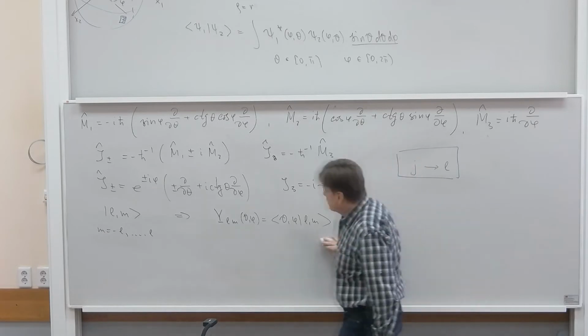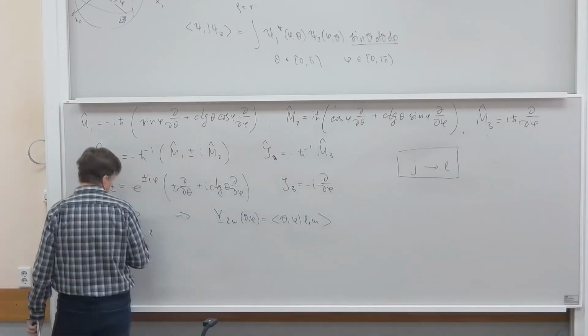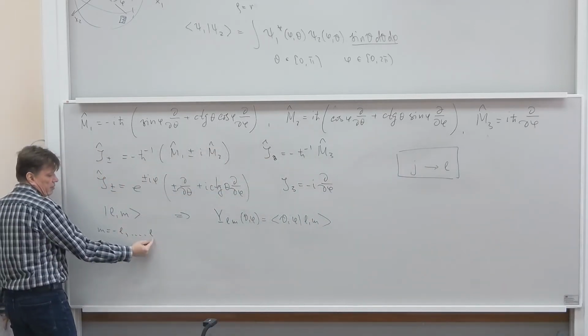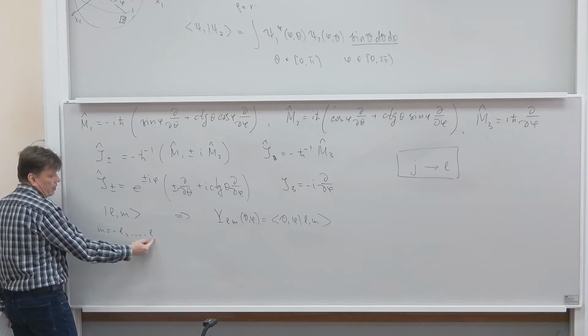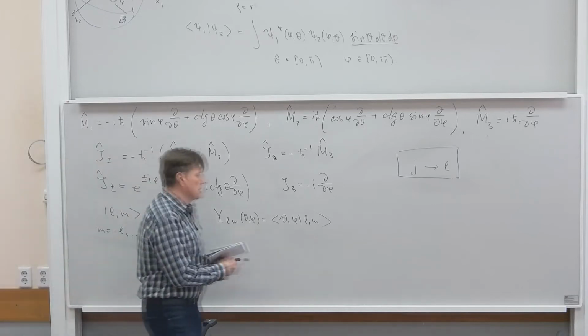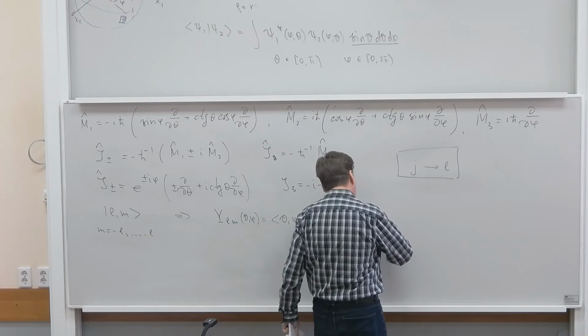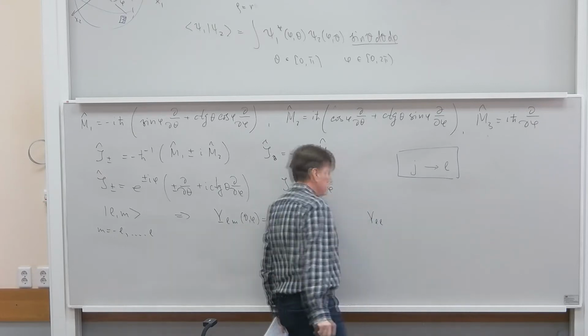Let us consider the highest vector in this sequence, that is, the vector with maximal projection of J3, maximal eigenvalue of J3. That is the function Y_LL.